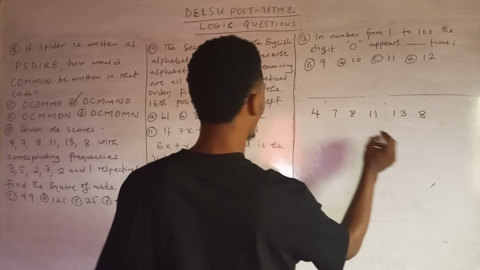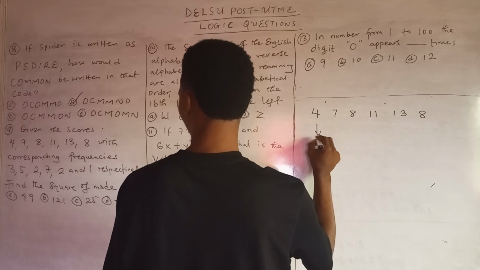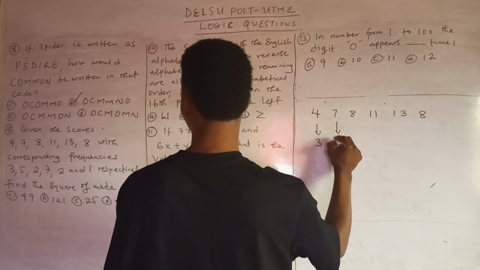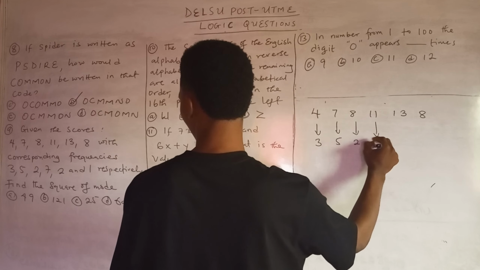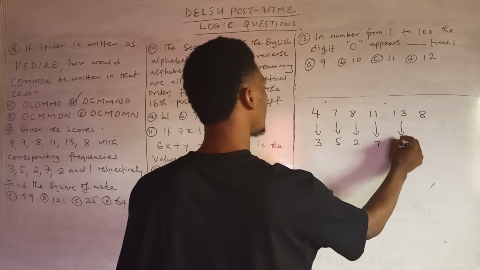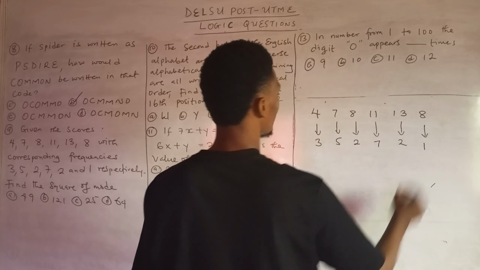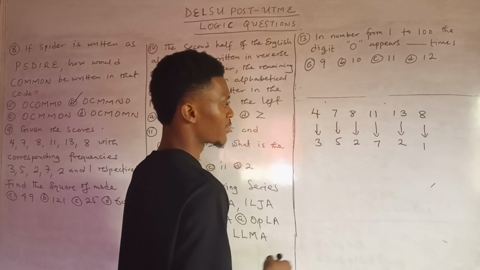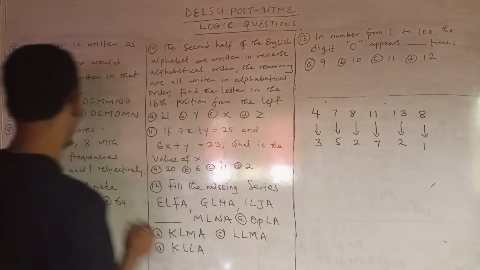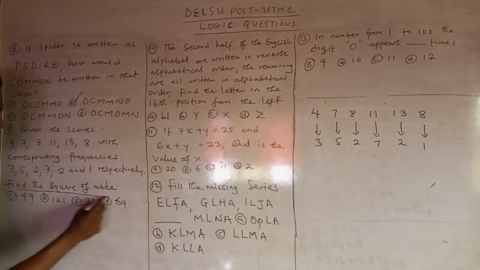Then with a corresponding frequency of 3, then 5, then 2, then 7, then 2, and then 1. So this is the number of times that each of these values occur. Okay, so now they said find the square of the mode.